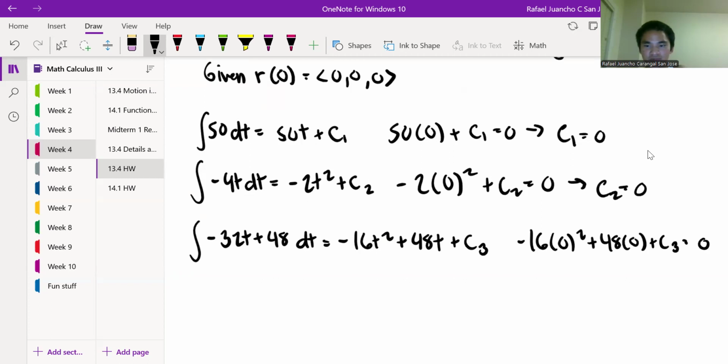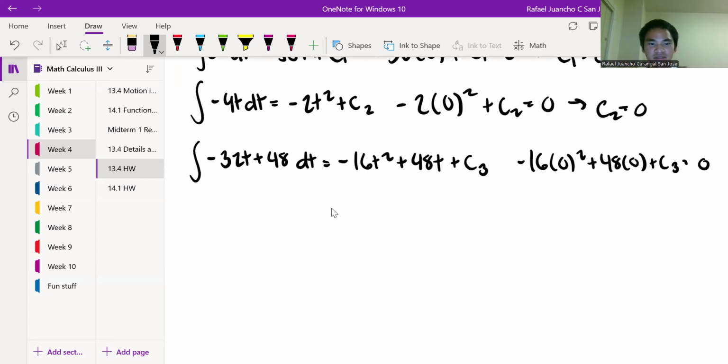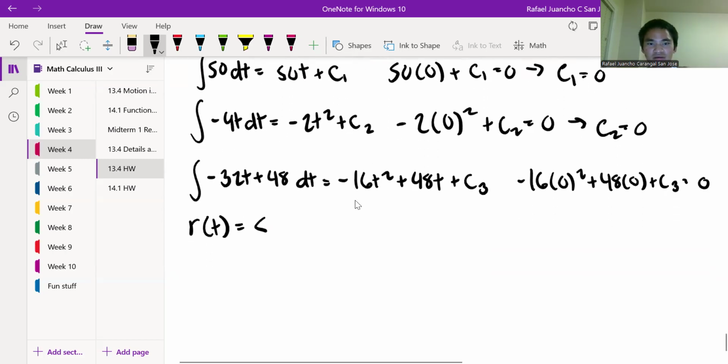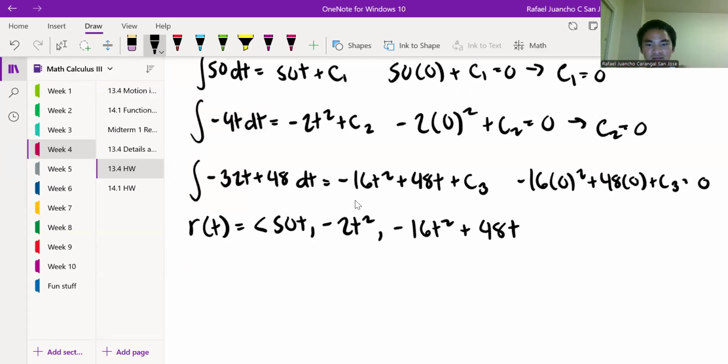I equate them to 0. And so yeah, C3 is just 0. And so my R of t in this case is just the vector with 50t, negative 2t squared, negative 16t squared plus 48t. Lots of t's here in this case. Okay.